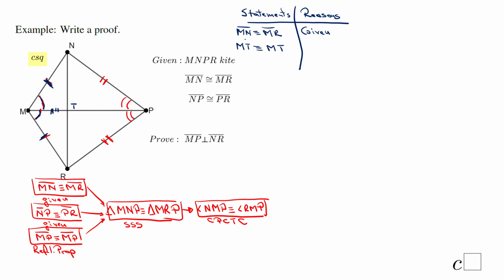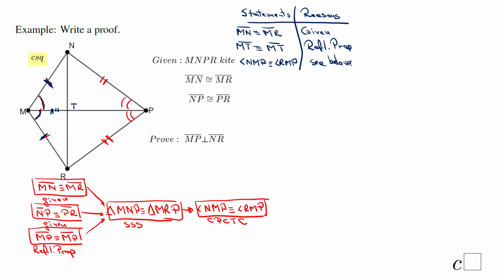So again, we used that property just a minute ago, reflexive property of congruency. And now we're going to bring those two angles, we have them here down, angle NMP congruent to angle RMP. And I'll say here the reason is CPCTC from below.